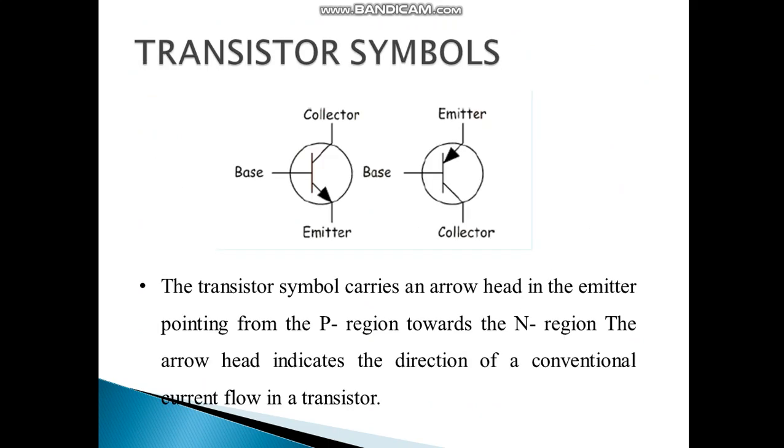So this is the transistor symbol. There are three terminals: base, emitter and collector. The transistor symbol carries an arrowhead in the emitter pointing from the P region towards the N region. The arrowhead indicates the direction of the conventional current flow in the transistor.